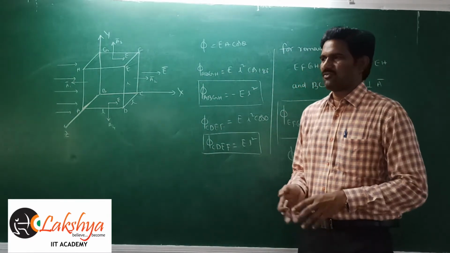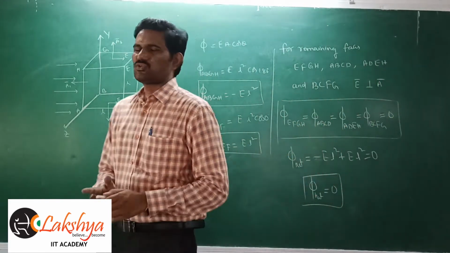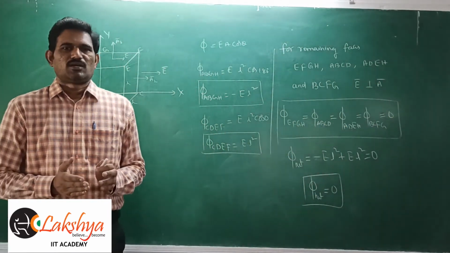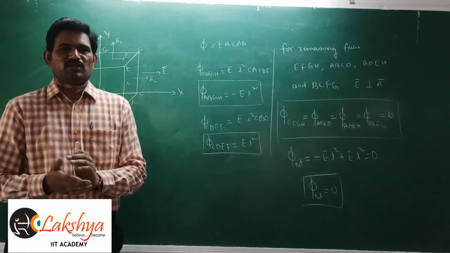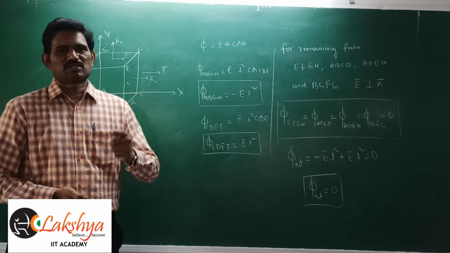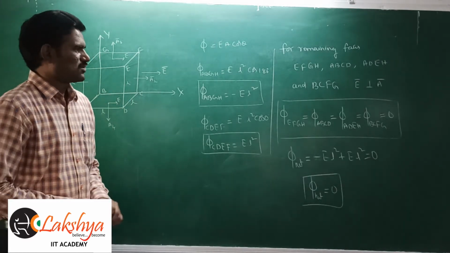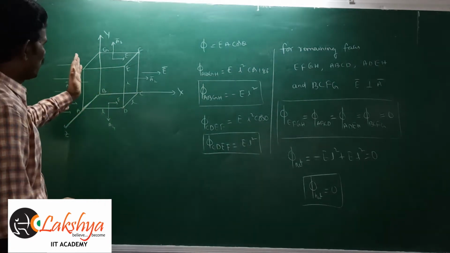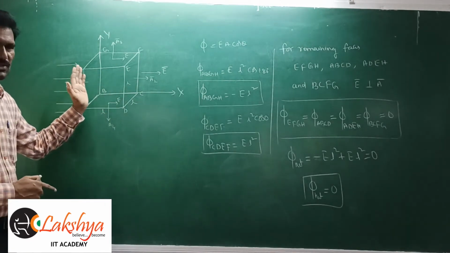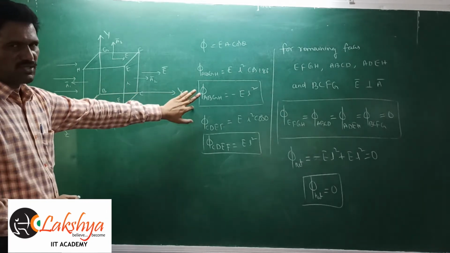If the field is uniform and the surface is a plane surface like this, then we just need to identify the angle between the area vector and the field. While writing the angle, keep in mind that the area must be taken as the outward normal for closed surfaces. For this face we get theta as 90 degrees, area outward and field like this, so that is nothing but entering flux 0.